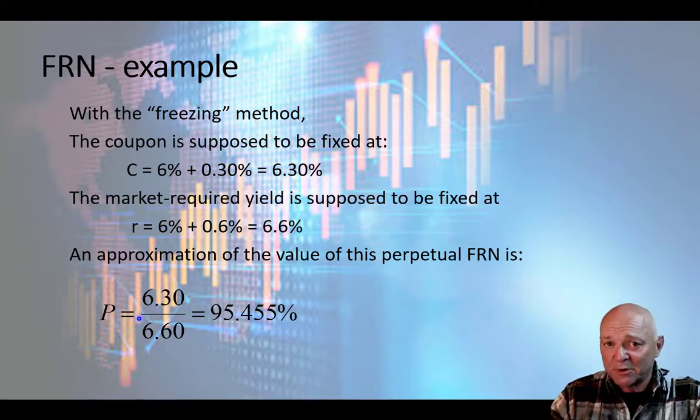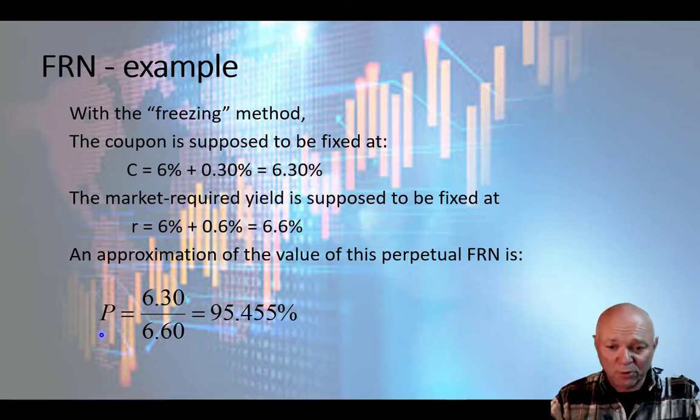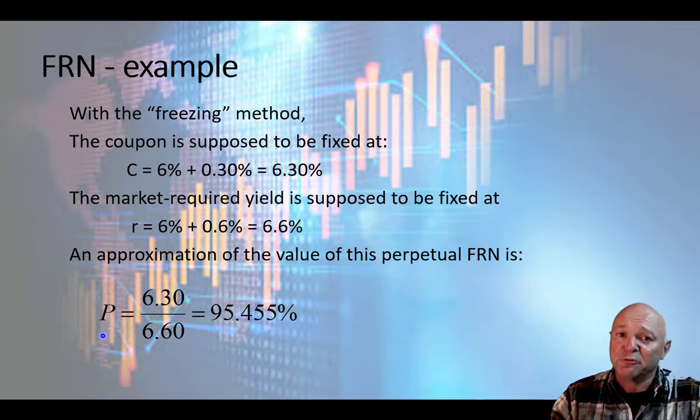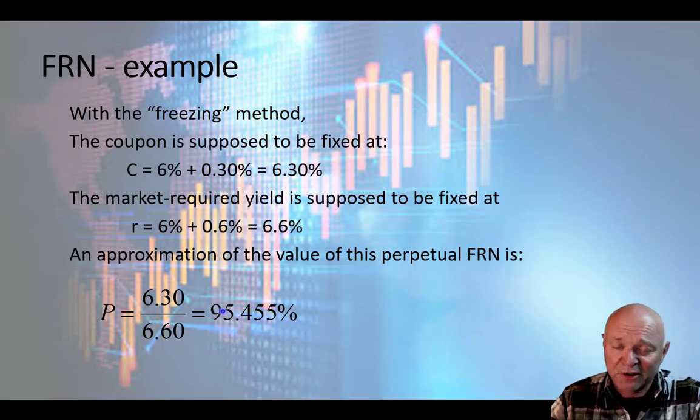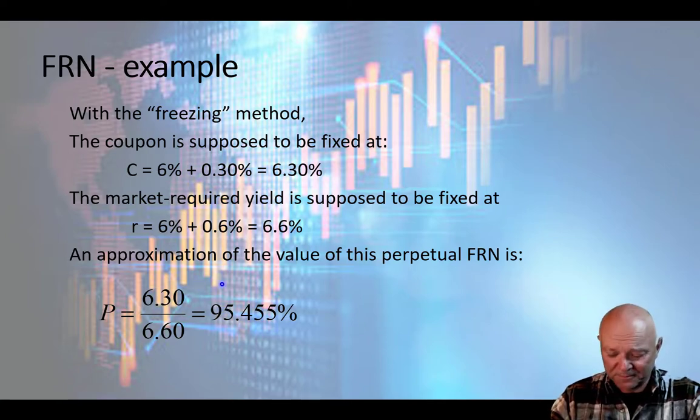The price that we would receive for a bond that was normally priced at 100 would then fall from 100 to 95.46, and we get that by taking the coupon rate at the beginning over the reset rate at 6.6%. And that says that essentially our bond is worth 95% of what it was before.